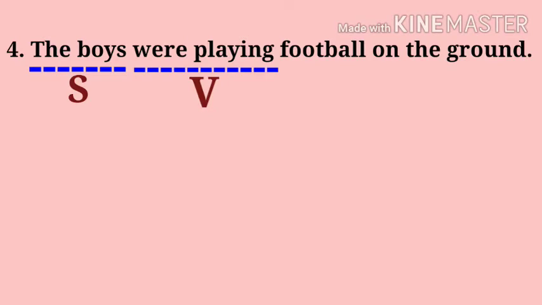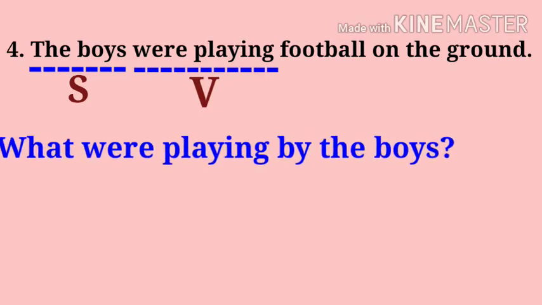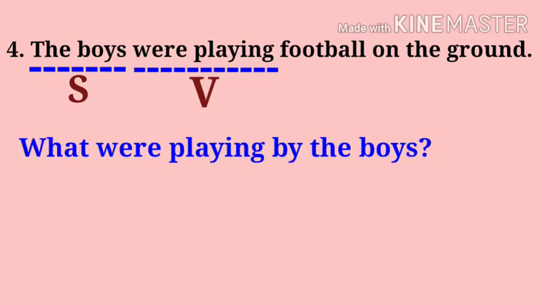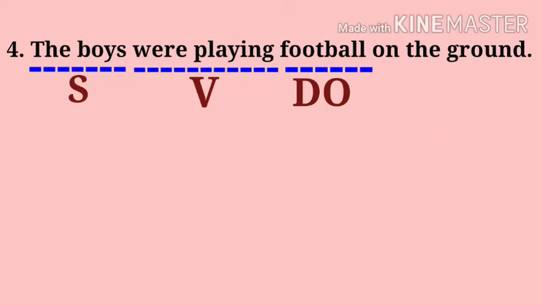So ask the question with what. What were playing by the boys? Football. So football is your direct object. And see, here only one object is there. So no need of asking the question with whom. Understand?